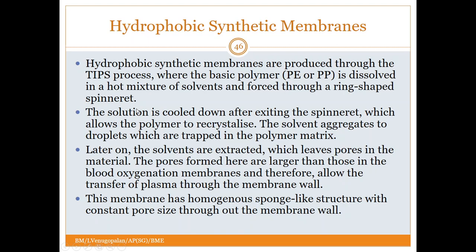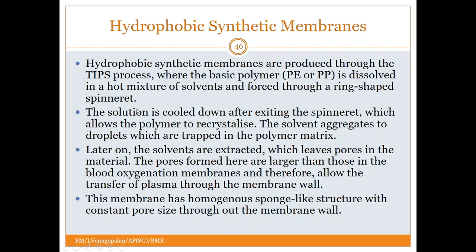Now the solution is cooled down after exiting the spinneret, which allows the polymer to recrystallize, and the solvent aggregates to droplets which are trapped in the polymer matrix. So now you have a material which is made up of polymer, and it has got solvent material embedded inside the polymer matrix.